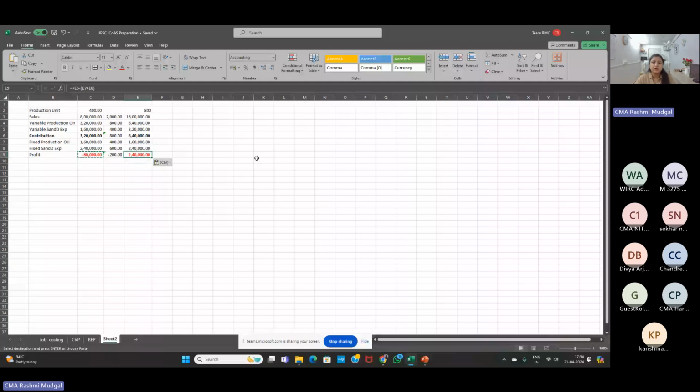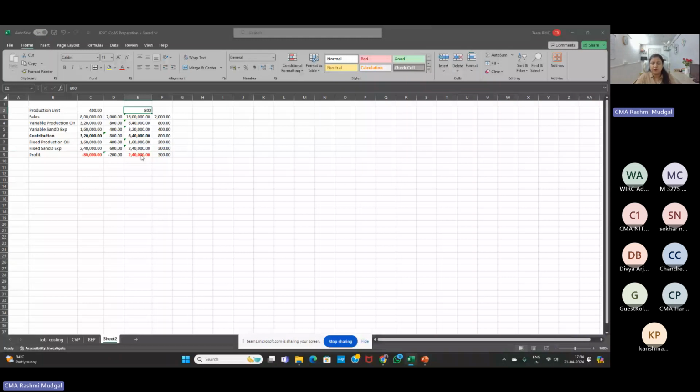I can see that variable cost per unit does not increase compared to 400 units, but fixed cost per unit has decreased drastically by 50% of total cost. So I can see that this order I can take.